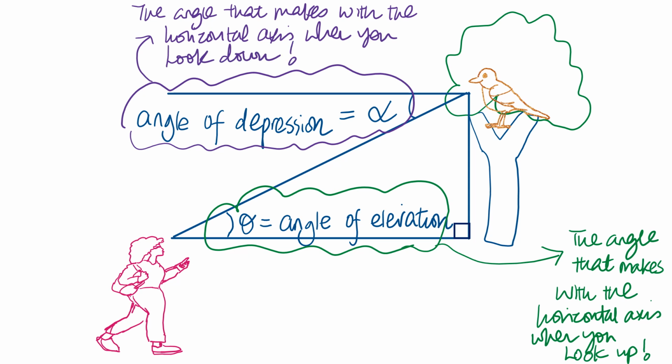If you look at the diagram again, you will see that the horizontal axis at the top where the bird is and the horizontal axis at the bottom are actually parallel, and therefore we can apply alternate angles. And therefore the angle of depression is equal to the angle of elevation based on this alternate angles property.